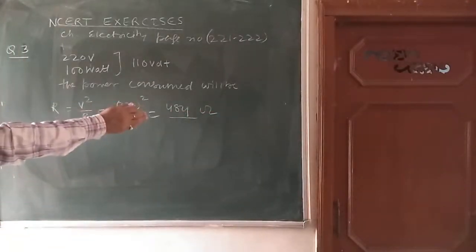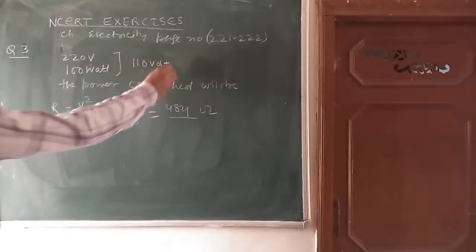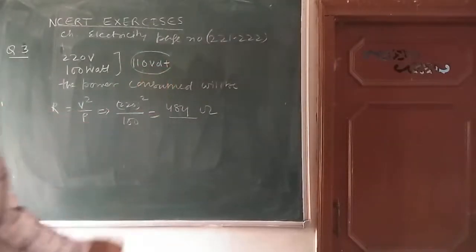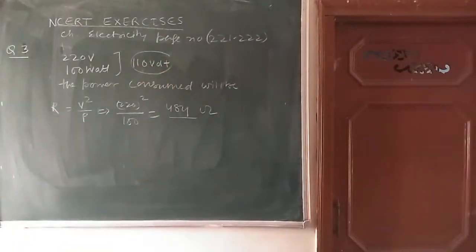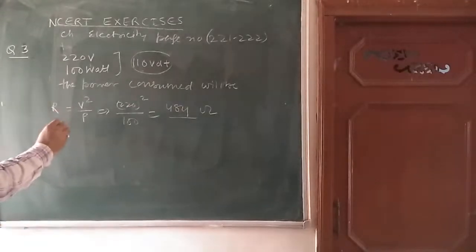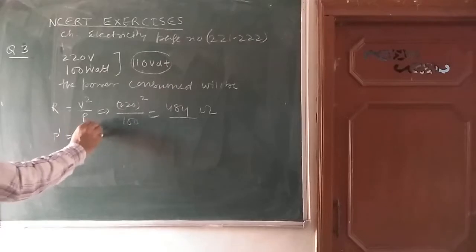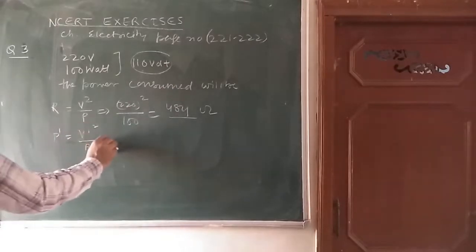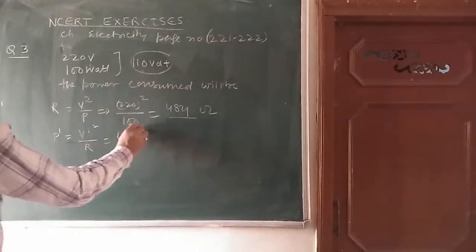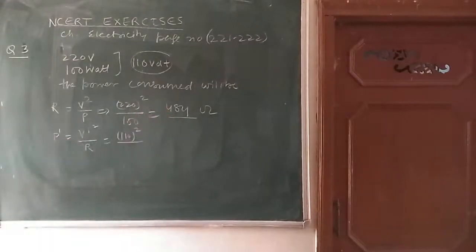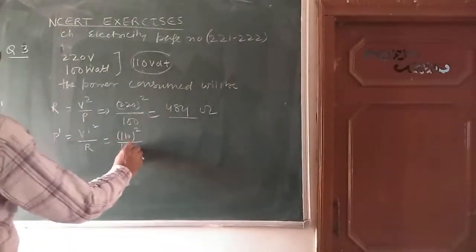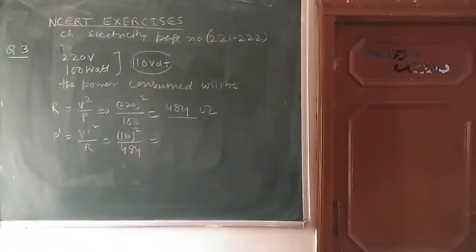Power consumed by the bulb when it is operated at a voltage of 110 volt. So I can say the formula for the power is P dash, that is V dash square divided by R. 110 whole square divided by the resistance we calculated right now, 484.